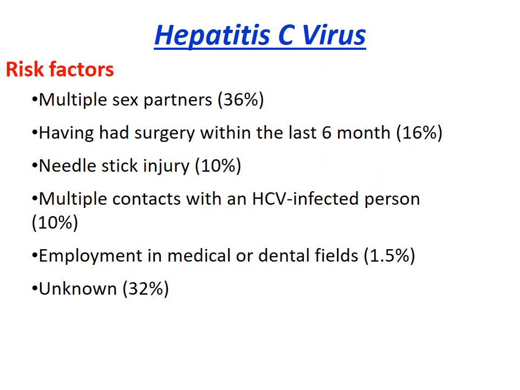On the basis of the data from the CDC in the United States, the most common risk factors for HCV infection are multiple sex partners, having had surgery within the last 6 months, needle stick injury, multiple contacts with HCV-infected persons, and employment in the medical or dental field.